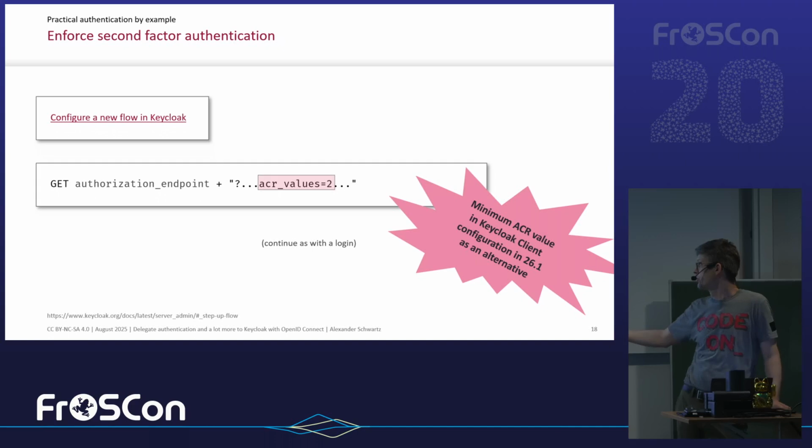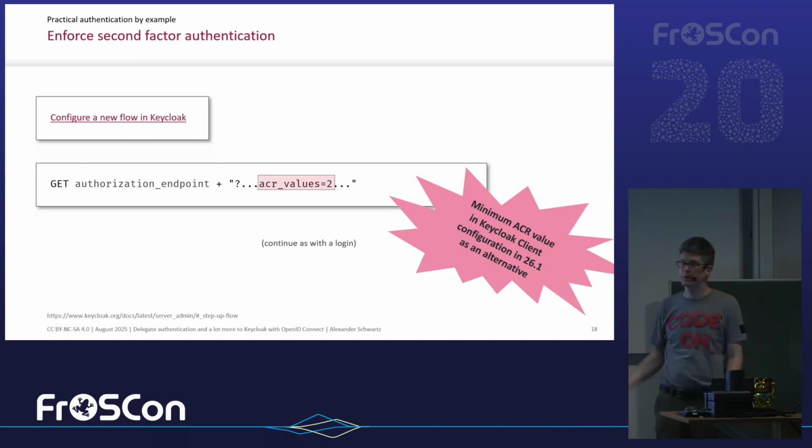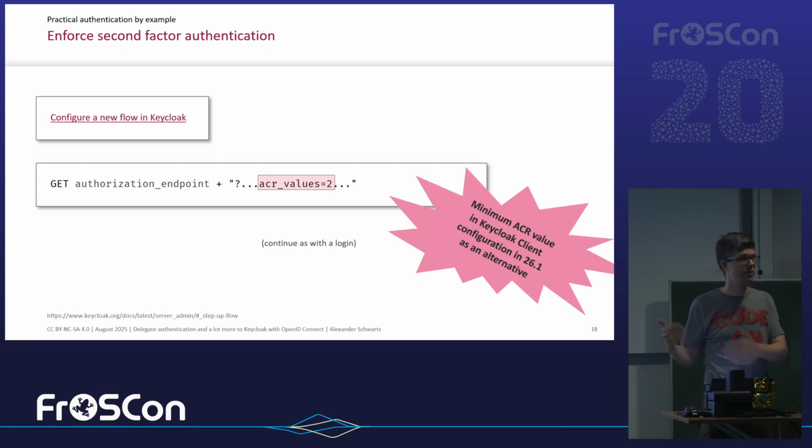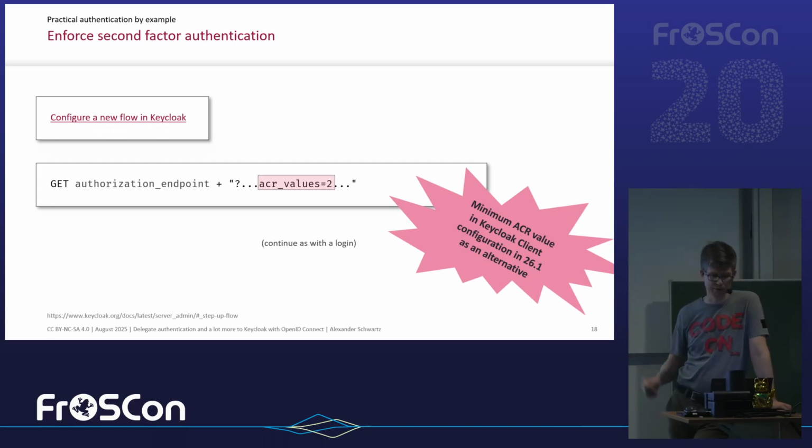In Keycloak 26.1, you can also configure that for some applications you need a second factor, and for some other applications you don't need a second factor. For example, an application where I can change my bank account to get my money sent to every month from my employer, maybe there a second factor would be nice, otherwise somebody might direct money to somebody else. Otherwise, with all the other applications where I just can change my telephone number, maybe then I don't need a second factor.